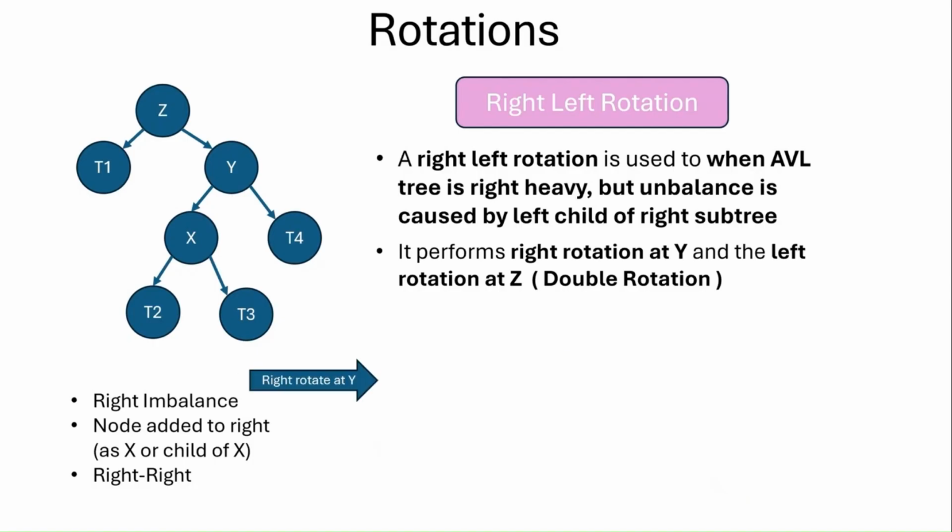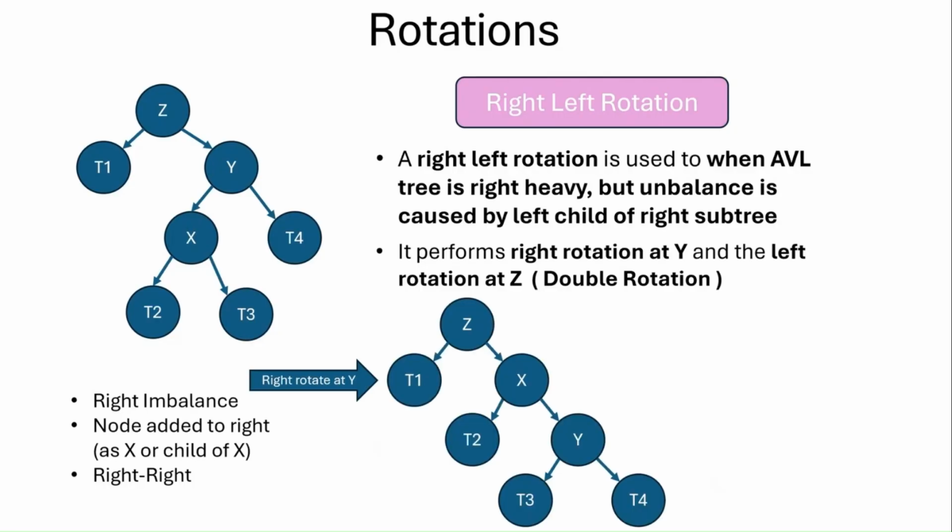For example, we do the right rotation at Y to break the zigzag nature. So the tree will become like this. X became the new root, right? And Y became the right child of X, and basically the right child of X will now be the left child of Y. Because if X becomes the root, then T3 is greater than X, as we saw in the right rotation, so it will be on the right side of X only after rotation.